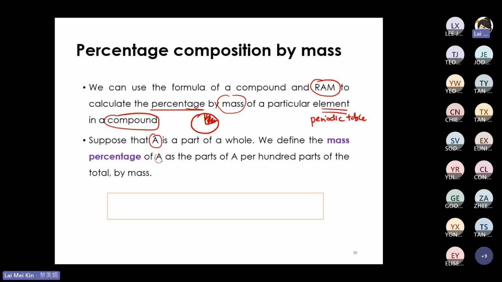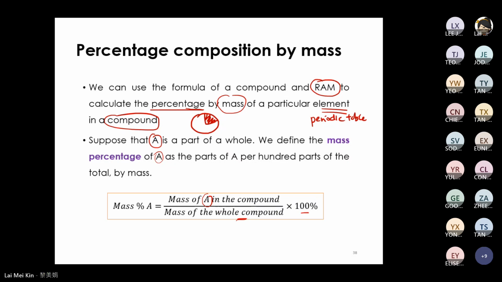If I want the percentage composition of A, I will use the mass of A divided by the mass of everything, the whole compound, multiplied by 100 to get the percentage. So we first understand what composition is. In a whole compound, if I want only one single part, I use the mass of that single part divided by the total mass times 100%.